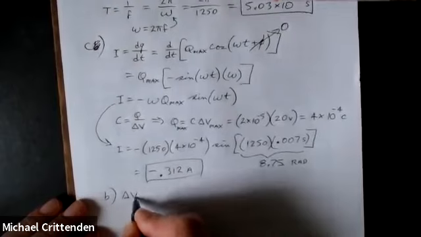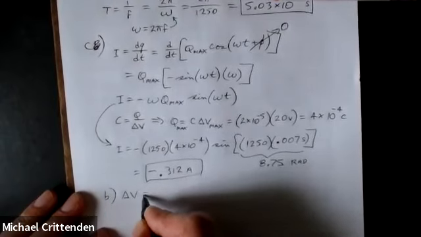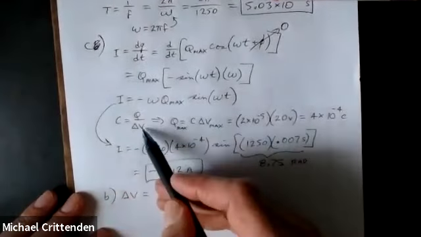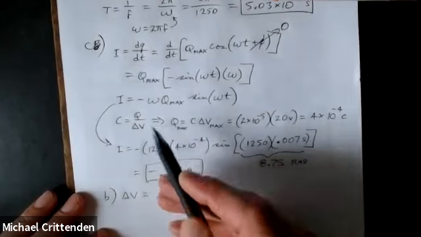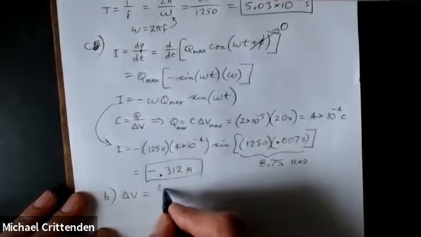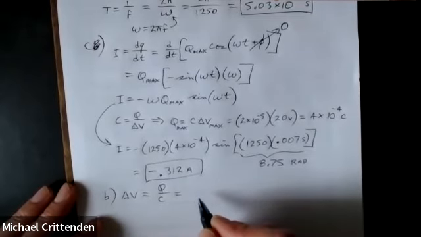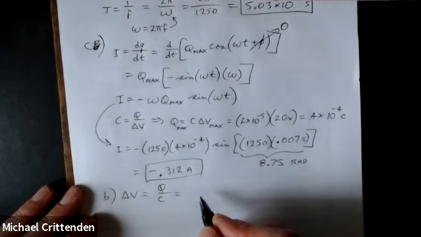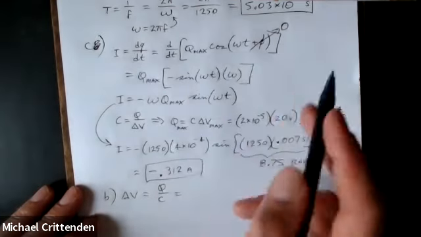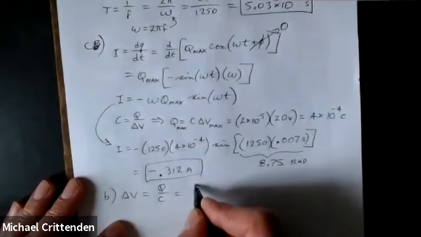Delta V, again, from the definition of capacitance, if I solve this for delta V, it's Q over C. And so that would be this expression for the charge.